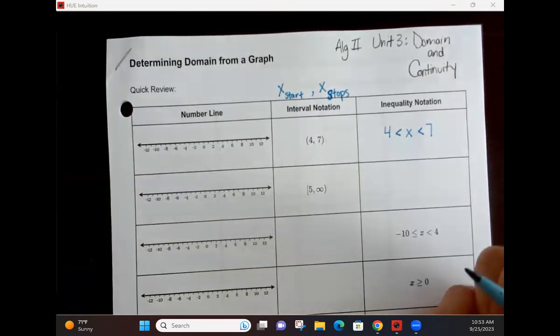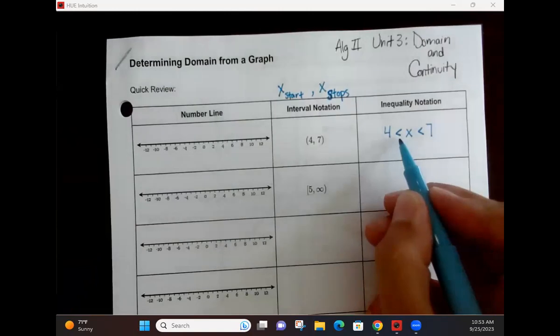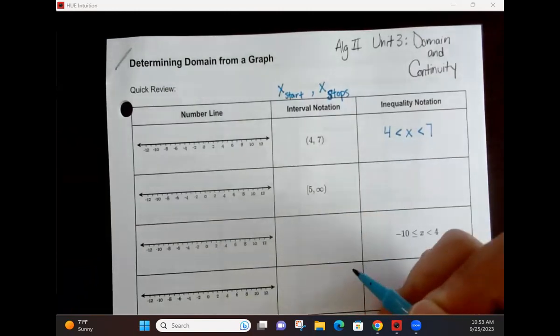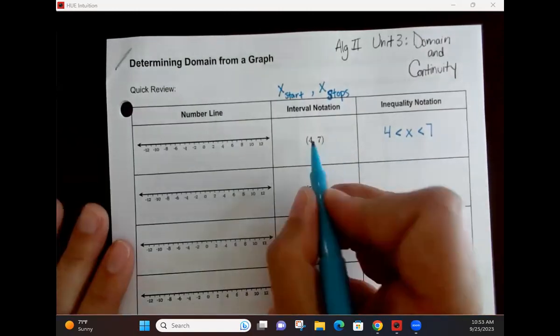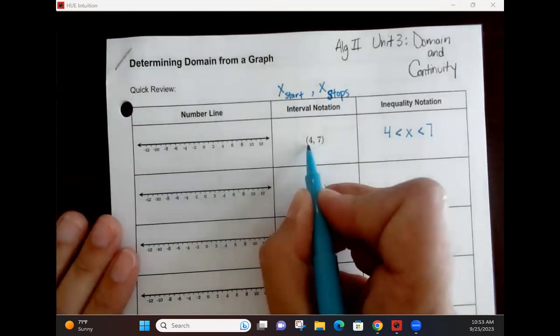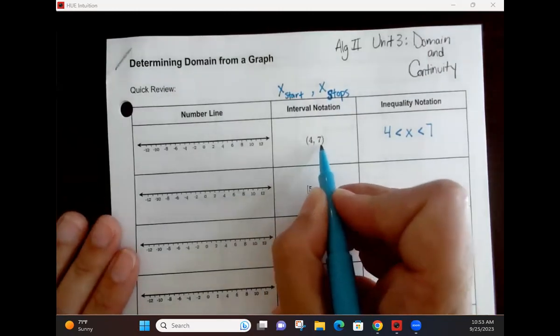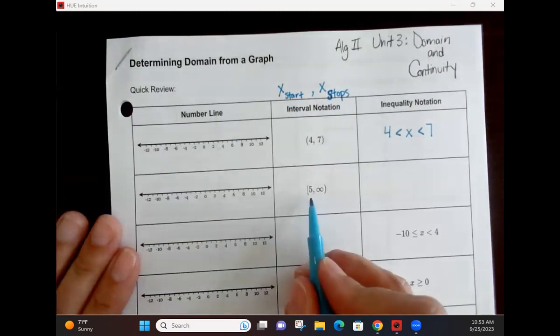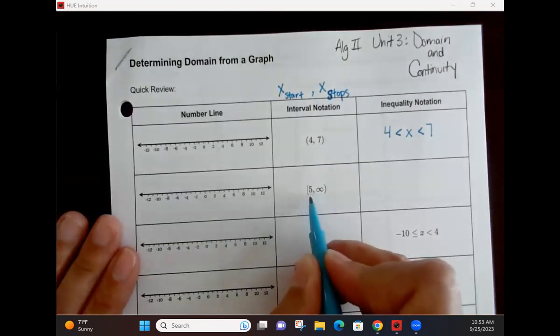But the tricky thing that I need to determine is, are these just less than or are any of them equal to? So I'm going to look back at my interval. I've got a parenthesis at 4 and a parenthesis at 7. If we look at the next example, instead of a parenthesis, I've got a bracket at 5. A bracket is an or equal to.